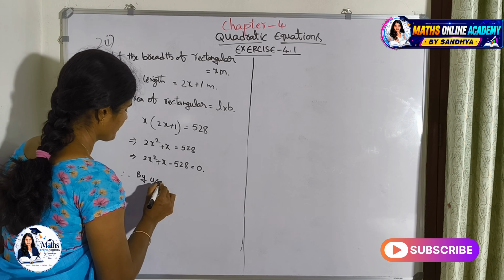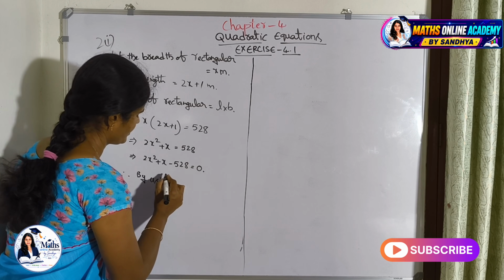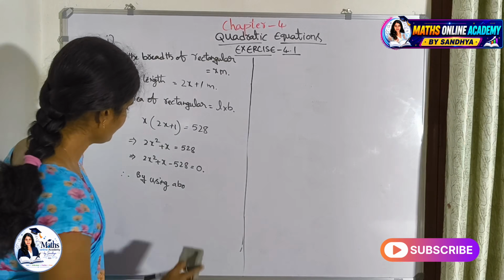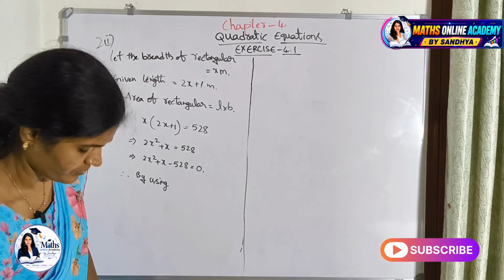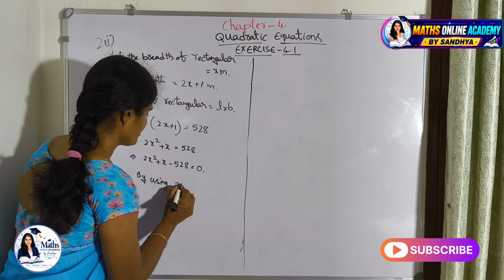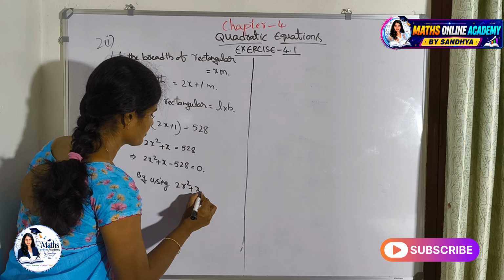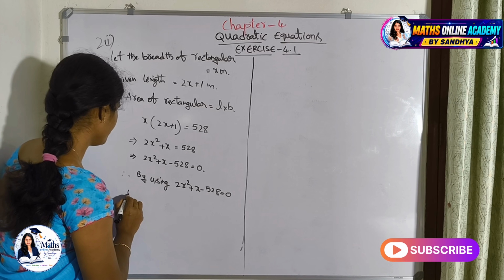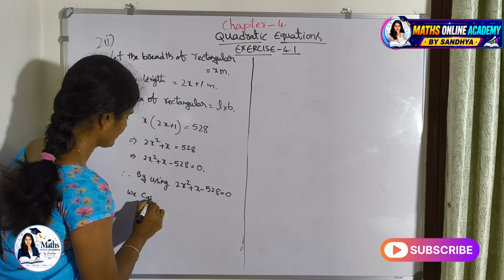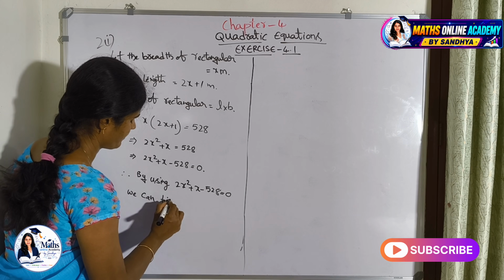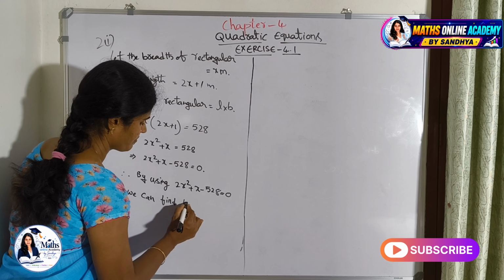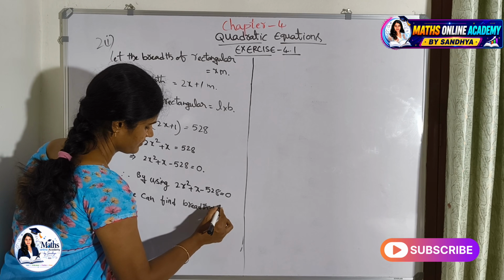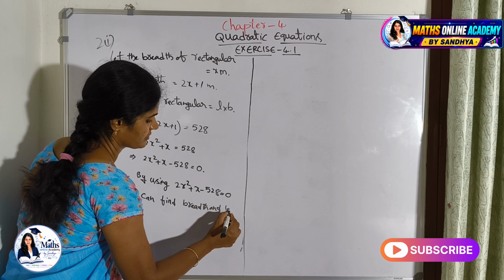By using this equation, directly write down: by using 2x square plus x minus 528 equal to 0, we can find breadth and then length.